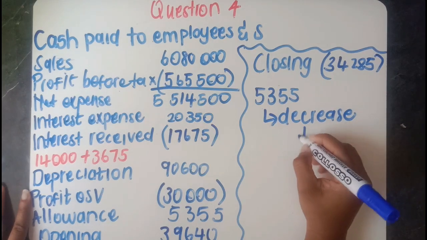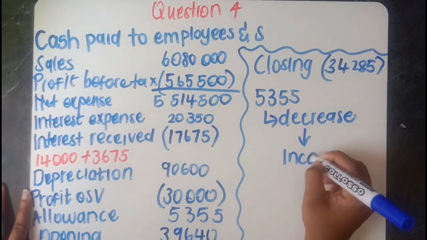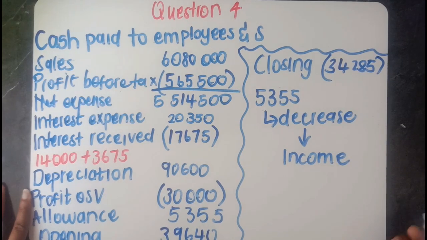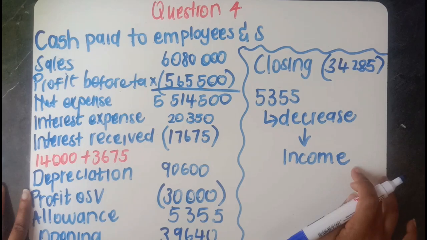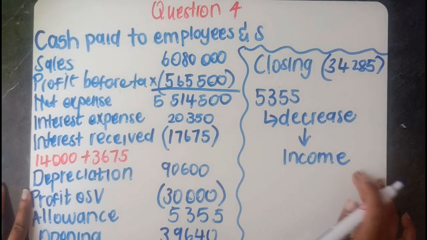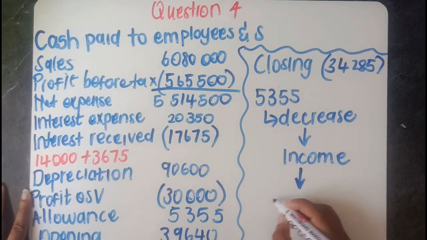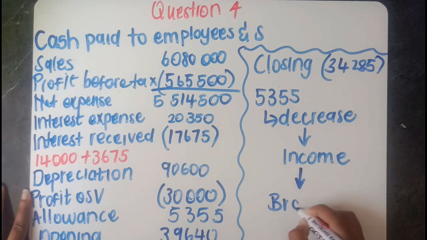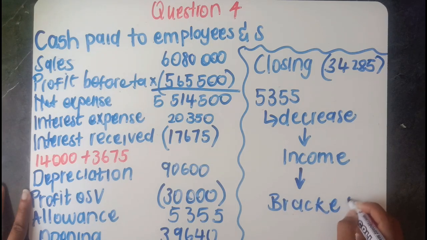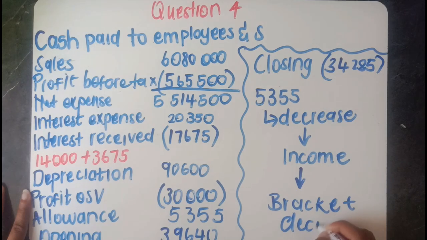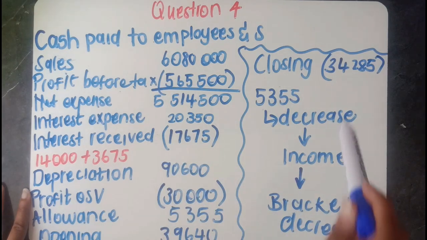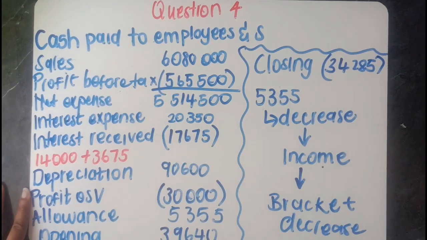So it being a decrease means it's an income, right? Now, when it's an income, it means that you're going to bracket the decrease, right? So every time you have a decrease in this thing, it's an income and it's bracketed.